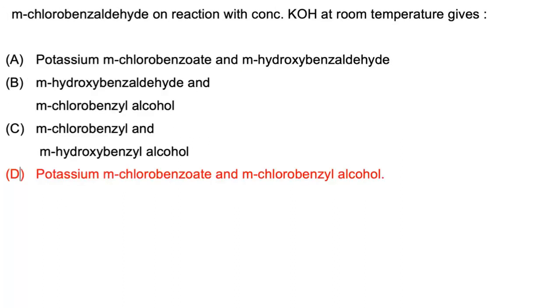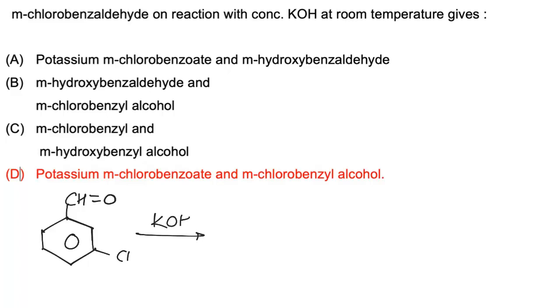In this question we have to find the product when metachlorobenzaldehyde, now this molecule is metachlorobenzaldehyde, is treated with concentrated KOH. Due to absence of alpha hydrogen, the Cannizzaro reaction takes place, and during the Cannizzaro reaction the aldehyde will be converted to acid and one equivalent of alcohol will be formed as a product.